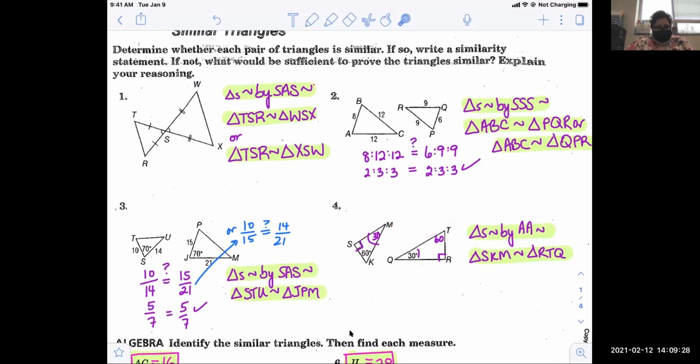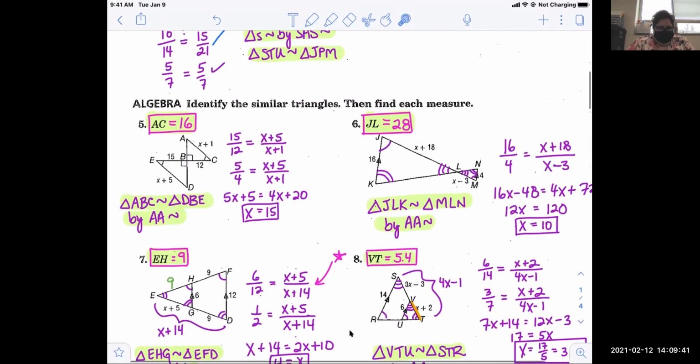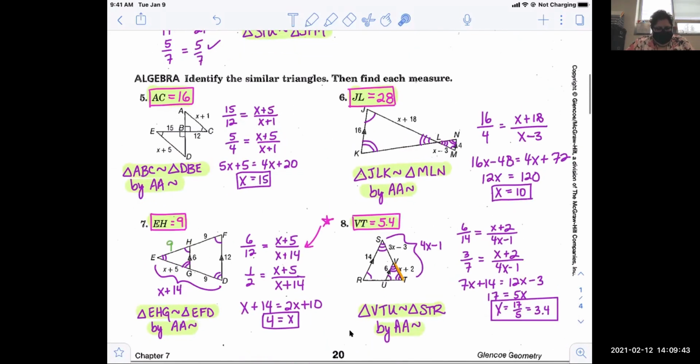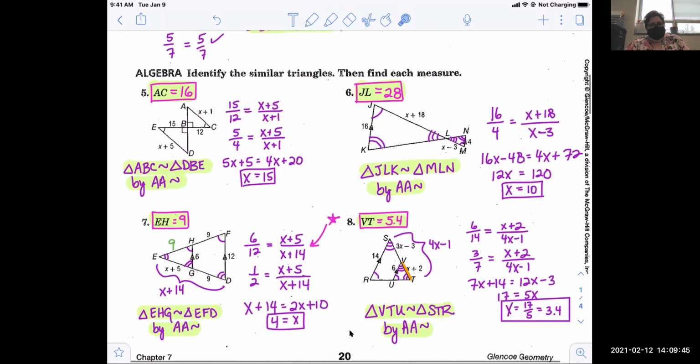Yep. And that's a little tricky too. Of course you can find those third angles, but if you aren't paying attention, you might be thinking, oh, I don't have 2 of the same angles. So yeah, just be careful about that. Okay, here's the last 4. All of those you can prove similar by angle.